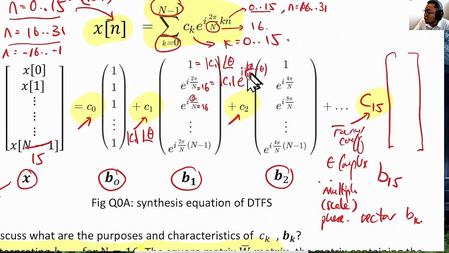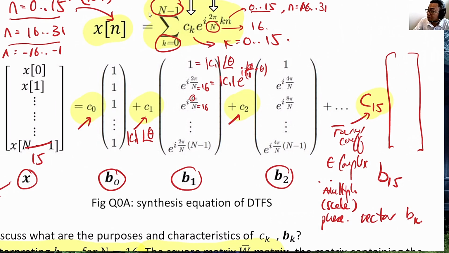So what we are doing is that we can multiply a constant with a phase, and we would scale this complex value by that constant, and we introduce the phase here. So the purposes of c0, c1 up to c15 is to scale and introduce phase shift onto the b_k's.